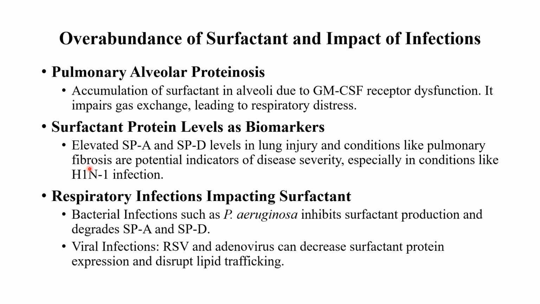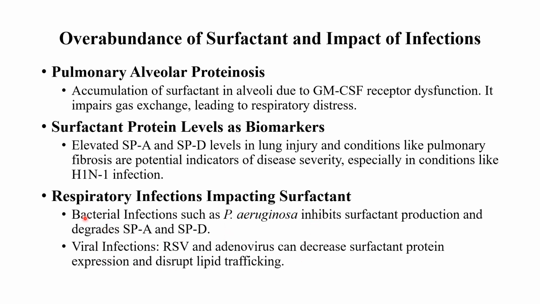So the levels of SPA and SPD can be used as potential indicators of disease severity, especially in H1N1 infection, viral infections. Expecting that when we have infection, probably we'll have increased production of SPA and SPD, so they have immune functions.